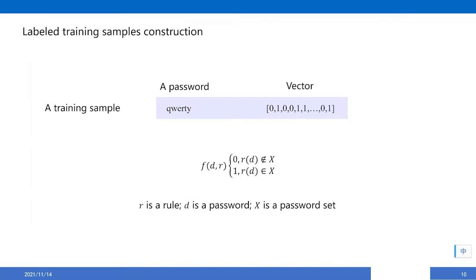It can be calculated by this equation, where R is a rule, D is a password, X is a password set. When the generated password obtained by transforming the password D using the rule R appears in the password set X, the corresponding element of the rule R in the vector is marked as 1. Otherwise, it is 0.